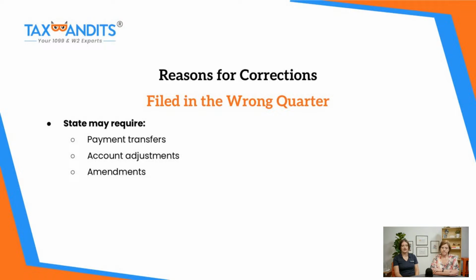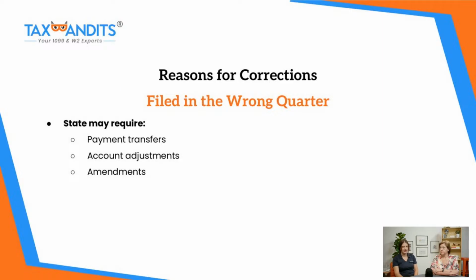If a payment was submitted with the return, the employer may also need to have that payment moved from the incorrect quarter to the correct quarter. Depending on your state, the employer may need to request a payment transfer, an account adjustment, an amended return, a refund or a credit, or a combination of these steps.